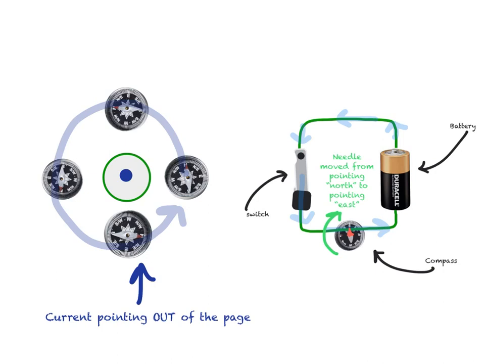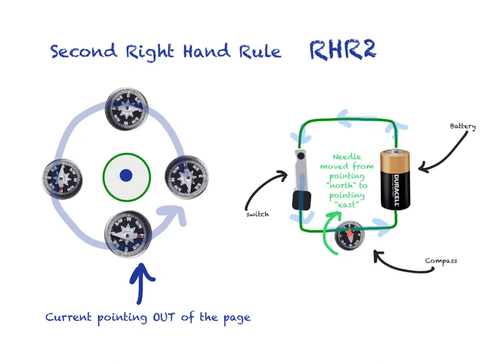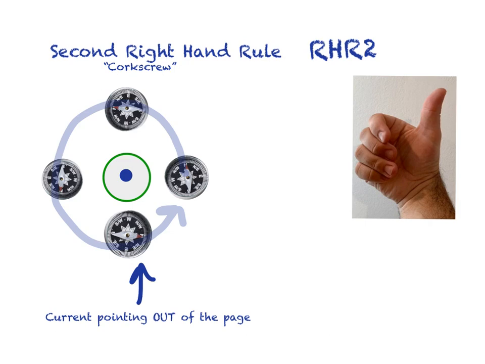Now this becomes very important in using what we call the second right-hand rule, sometimes known as the corkscrew right-hand rule. In this right-hand rule, we take our thumb to represent the current direction in the wire and our fingers to represent the magnetic field. Our fingers can either point clockwise or counterclockwise depending on the direction of the current.